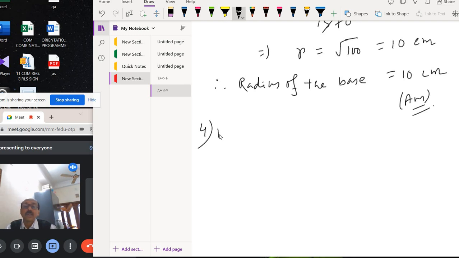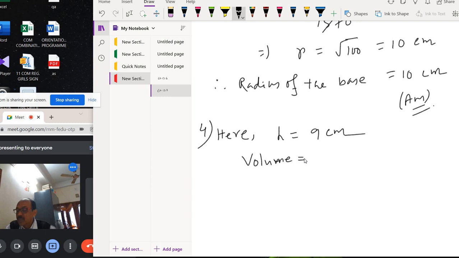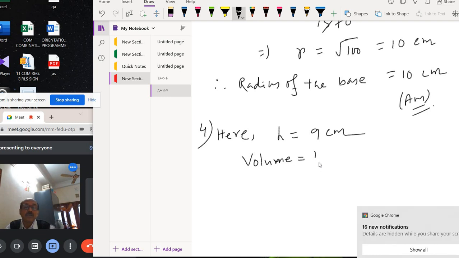So number 4. Here it is given height h equal to 9 centimeter, volume equal to 48 pi centimeter cube.